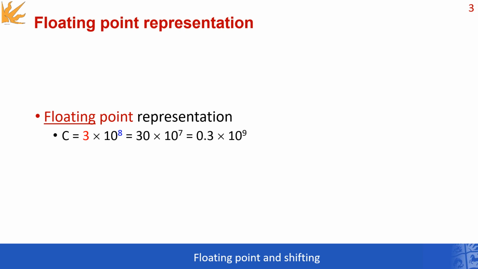You can either call it 3 times 10 to the power of 8, or 30 times 10 to the power of 7, or 0.3 times 10 to the power of 9. What we've managed to do by using a floating point number is that we have unlocked the decimal point position. And every time, what we do is that we need to adjust the exponent of a base, which is always implied to be 10.